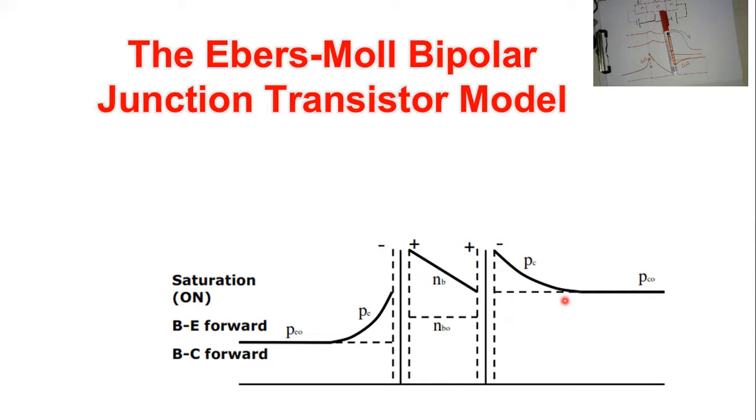So this is simply how you can use the EM model in order to demonstrate the minority carrier variation in an NPN transistor. Again, we are interested in minority carriers because these are the carriers which are affected. Majority carriers, the rich men, have no effect due to biasing conditions.